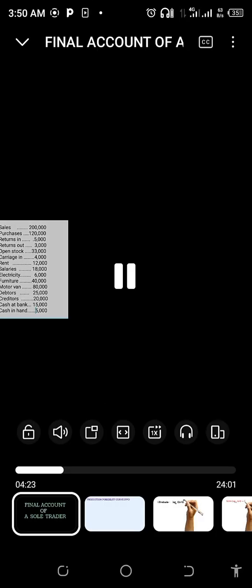The first one there that will go into the trading account is the sales. The next one there is the net return inward, that is sales return.